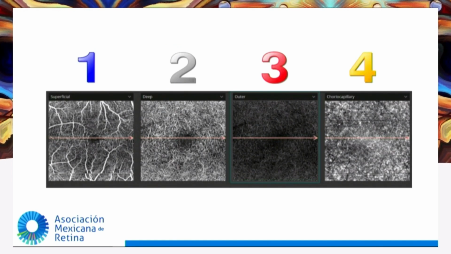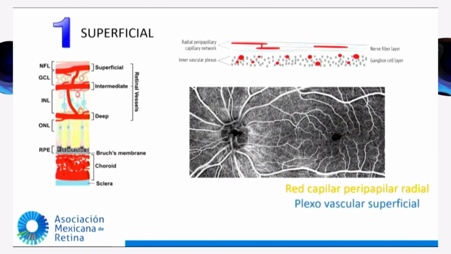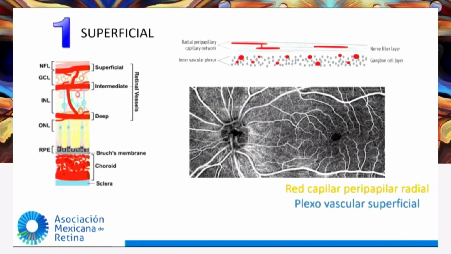Well, we can currently say that this is where we have to train our brain into detecting. And this is what the device shows us. The superficial plexus, the deep plexus, the avascular zone, or the avascular plexus, and the choriocapillary layer. These are the 4 layers our brain has to learn to study in an angio-OCT.